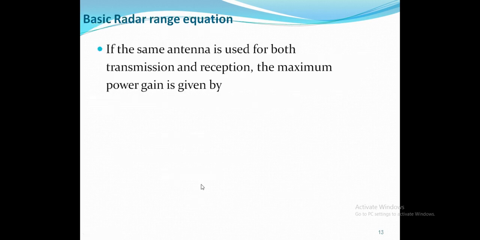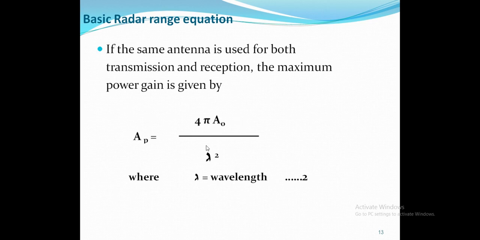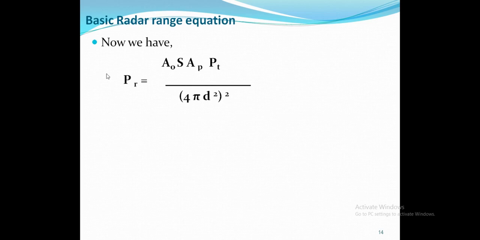If the same antenna is used for both transmission and reception, the maximum power gain is given by 4 pi A0 by lambda square. Here lambda is the wavelength, and we already have PR is equal to A0 S AD PT by 4 pi d square, whole square.